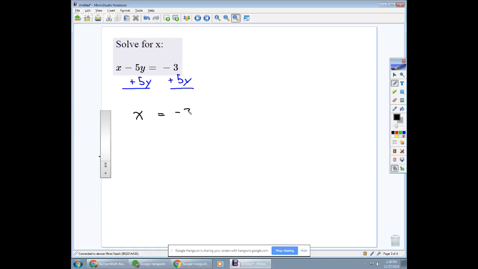So I could say that's negative 3 plus 5y. And I've solved for x. So my answer would be that right there. Often we state the y first, so an alternative answer here would be 5y minus 3. But that's a great place to stop if that's what you wrote first. Let's do another.